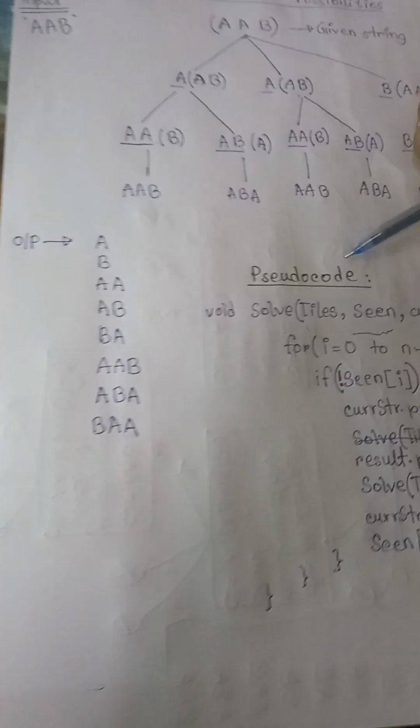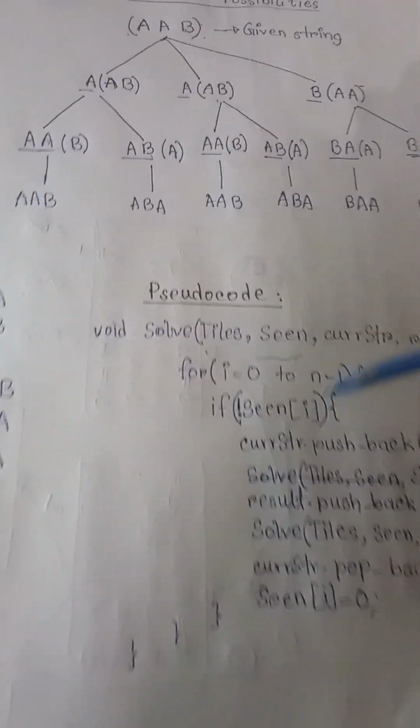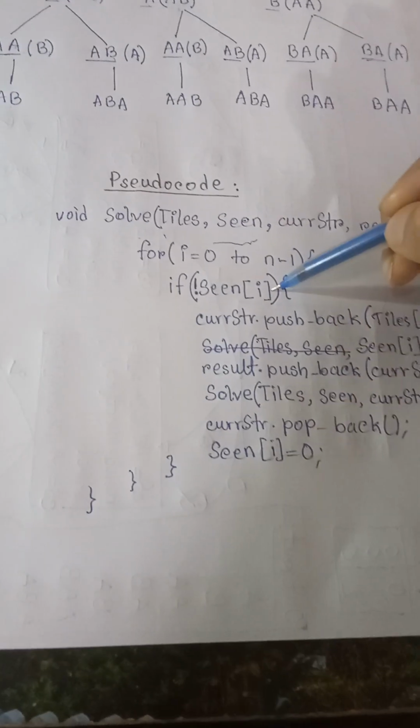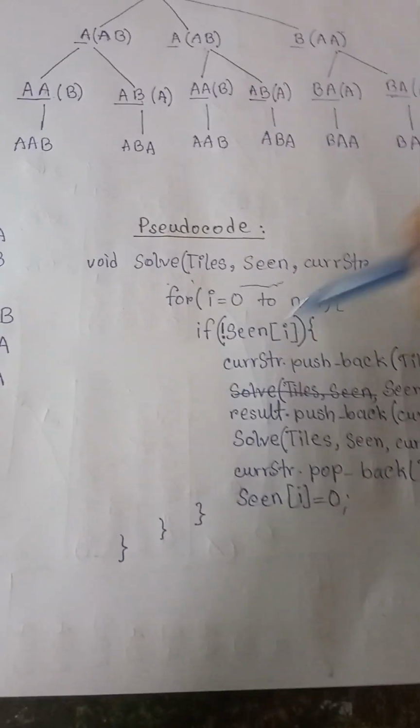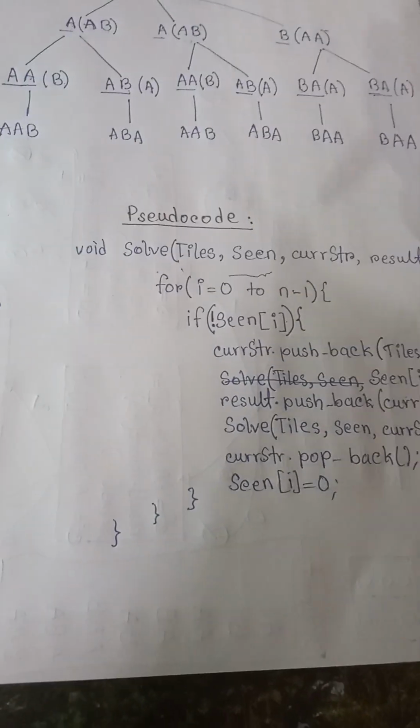So this is the pseudo code where you have to traverse the given string, and if the current index is not seen, then you have to push back the current letter to the current string and push back the current string into your final result.